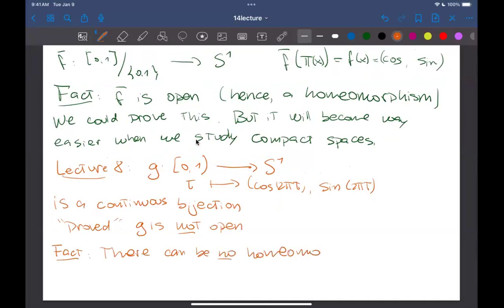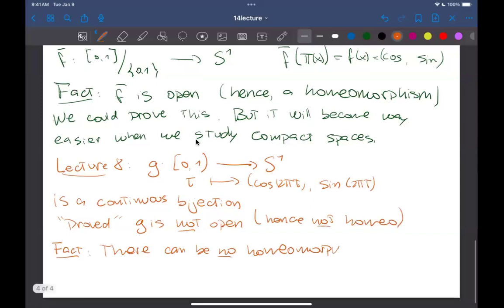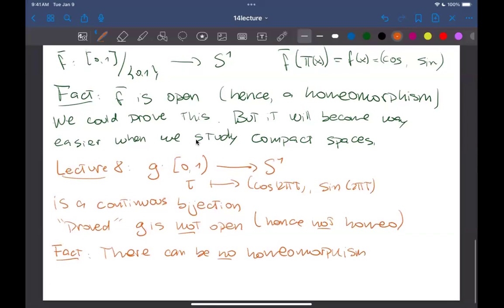So maybe let's say G is not open, hence no homeomorphism. And in general, there can be no homeomorphism from this semi-open interval to S1.